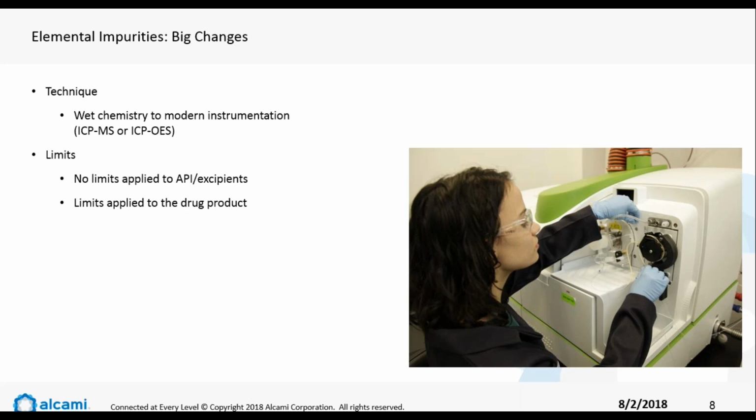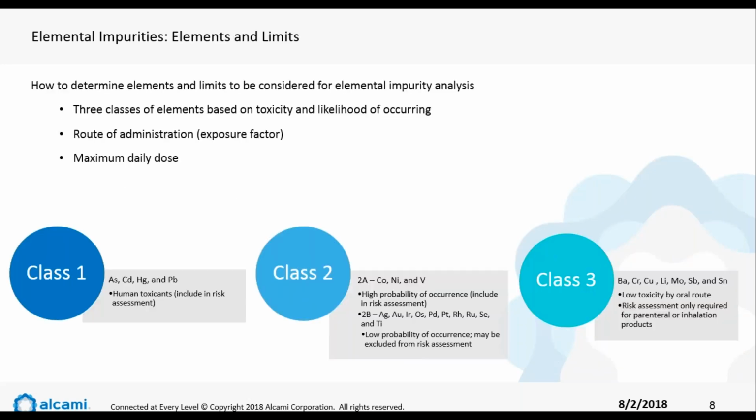If you were to use something like an AA, you would have to validate it within the requirements of the ICP-MS or OES, but ICP-MS and ICP-OES are the instruments that should be used for this analysis. And the limits, again, have been moved to the drug product from the raw material, to make sure that all of the elemental impurities in the drug product are taken into account when evaluating for elemental impurities.